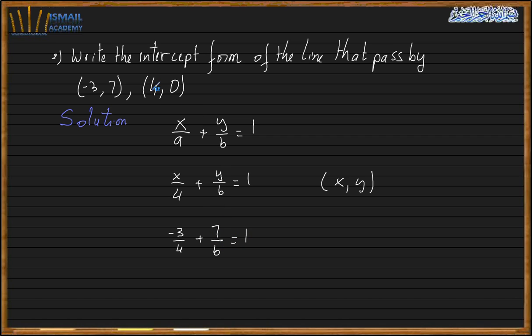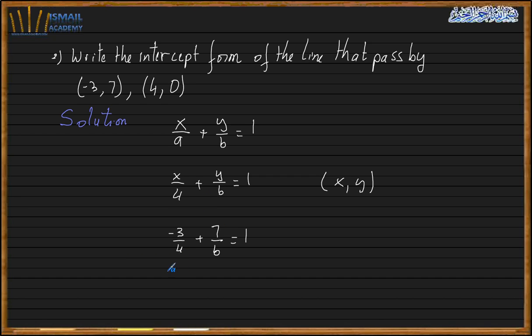You're going to ask me why I don't pick 4, 0? Because the purpose is to find b. If I pick 4, 0, I will have 4 over 4 plus 0 over b, and 0 over b is 0. But I will have 4 over 4 is 1. So that means it's going to be true, but I will not get b. So I choose the other point, because the other point will help me get my b, without even going through finding the slope.